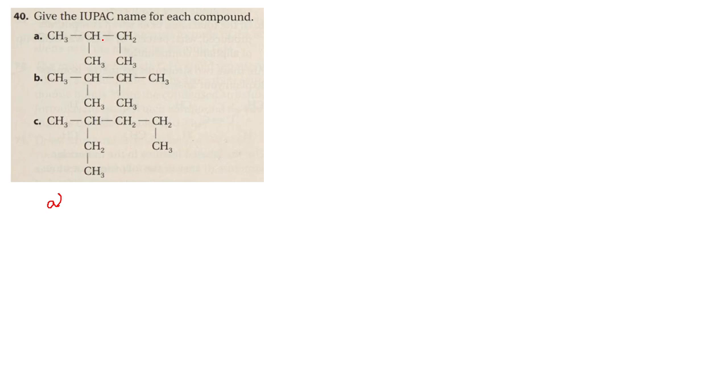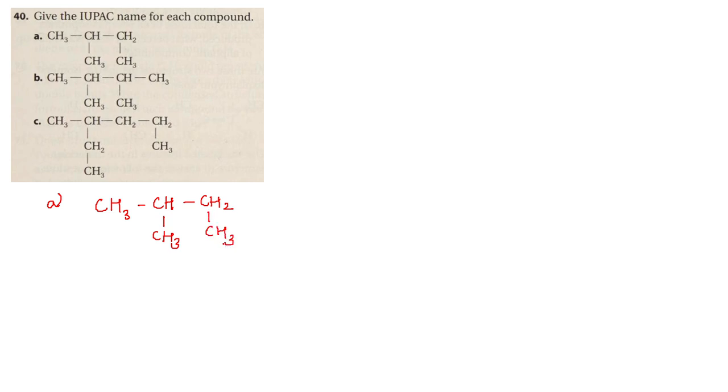The thing is that you should not be swayed by the visual appearance of how the molecule is depicted on the screen. Whichever is the longest possible chain. See, the molecule is written as CH3, CH, CH3, CH2 and CH3.